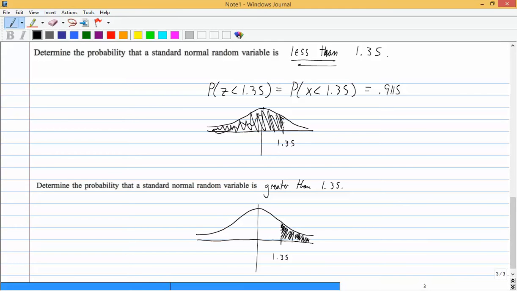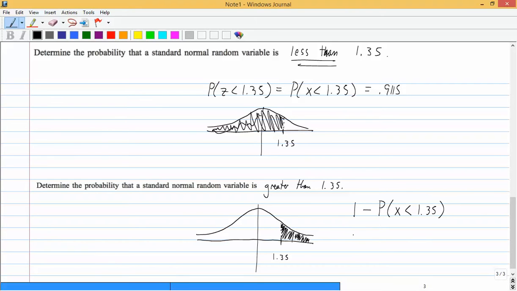That's right. We know that the total area under the curve is 1. So if I say 1 minus the probability that z or x, in this case, if you want to be technical, they're using x, is less than 1.35, this right here, 1 minus what we got before, will give us the area to the right.